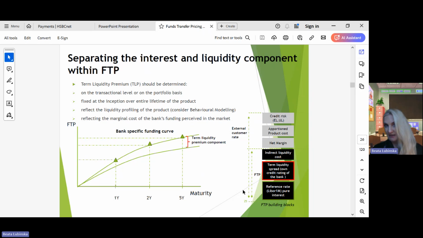So let's summarize what we have said previously: FTP is composed of several components, but the most important are two. One reflects the reference rate, which could be the risk-free rate, which is a swap rate, the OIS swap curve. Especially because LIBOR is replaced now, and we no longer have the LIBOR curve.